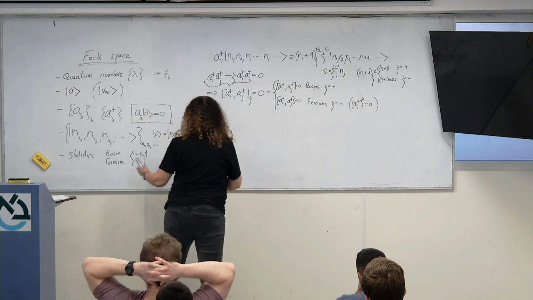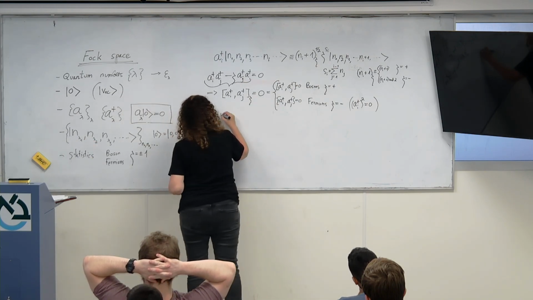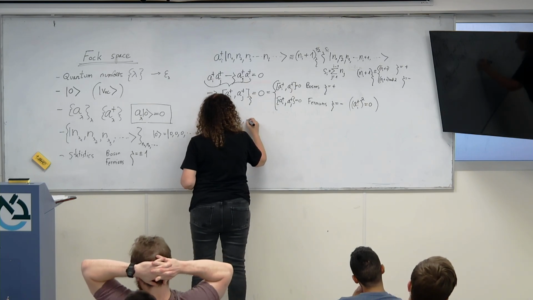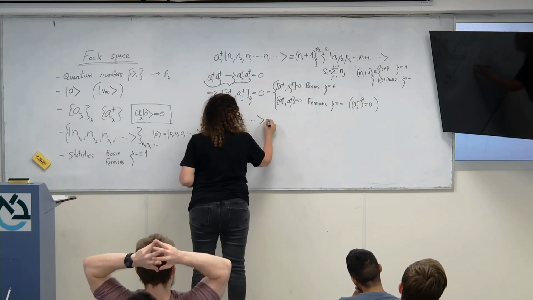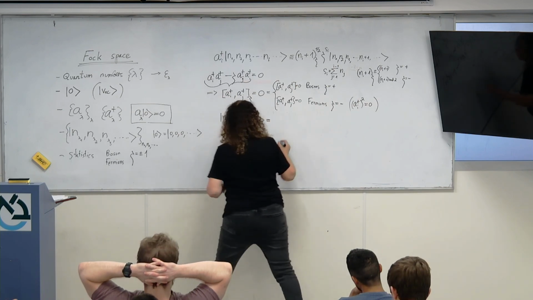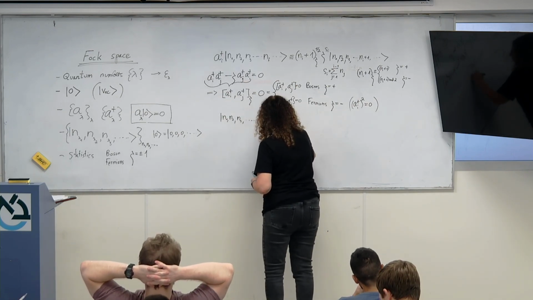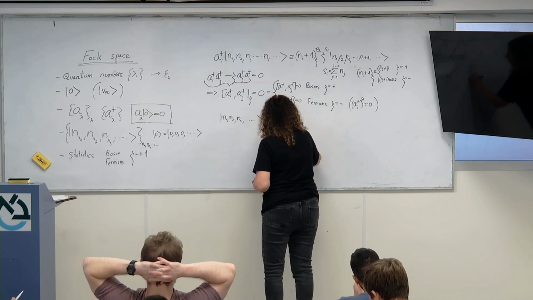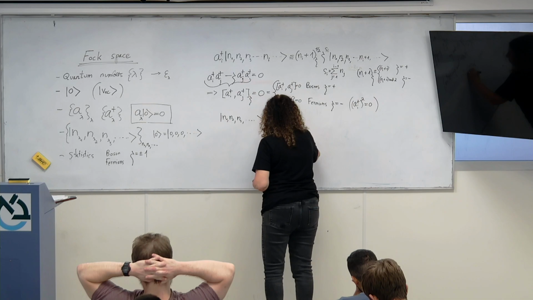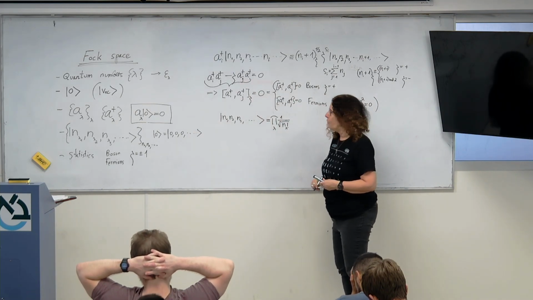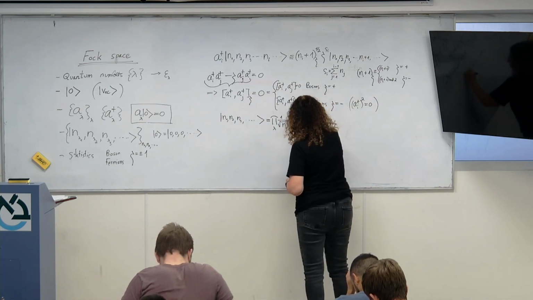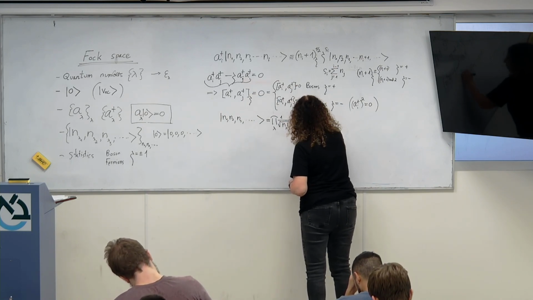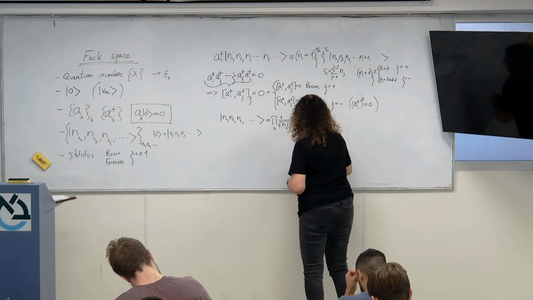So the state that we wrote as a sequence of occupations, these Fock states can be expressed as a product over all the lambdas of some normalization factor, which is 1 over the square root of n lambda factorial, times a lambda dagger to the power n lambda. All that acting on the vacuum.